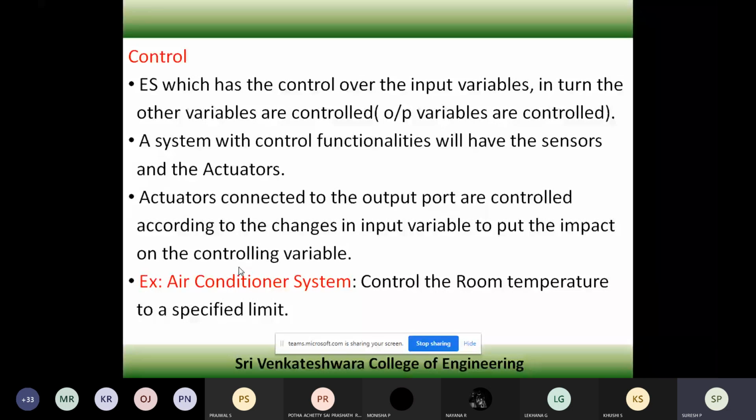Actuators connected to the output port are controlled according to the changes in the input variable, and they put an impact on the controlled variable. Another example is the airbag in the car automobile industry. The airbag opens up if there is an impact. That is controlling.